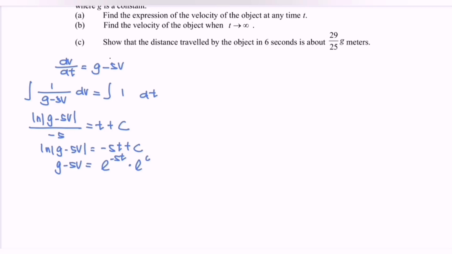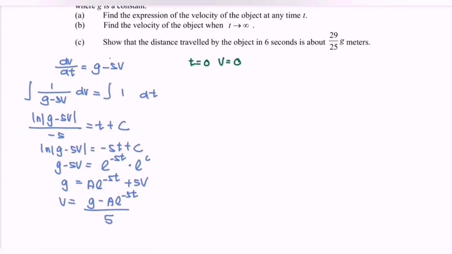So rearrange the situation. We have g equals a exponent negative 5t plus 5v. Rewrite the situation. So v equals g minus a exponent negative 5t over 5. So that will be the situation, with v, our velocity, as the subject. If we refer to the question, we notice that when t equals 0, v equals 0.